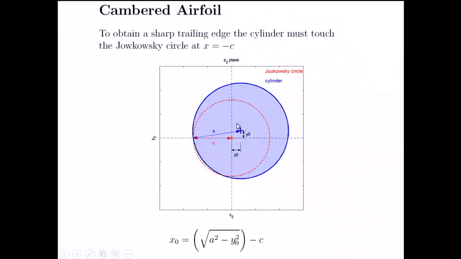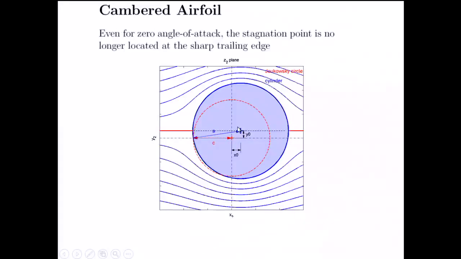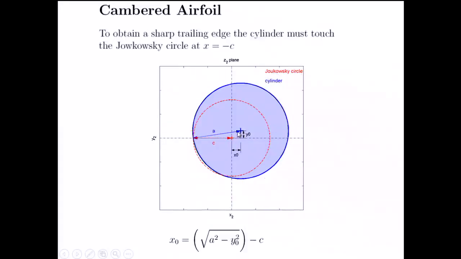Does it make sense? If I look at this triangle. And when we solve that equation, we'll just get expression for x naught. This is the amount of body shift along the x direction I need in order for these two circles to meet at this point.